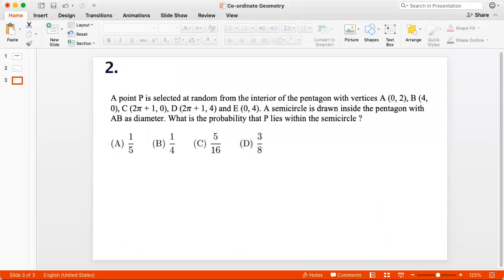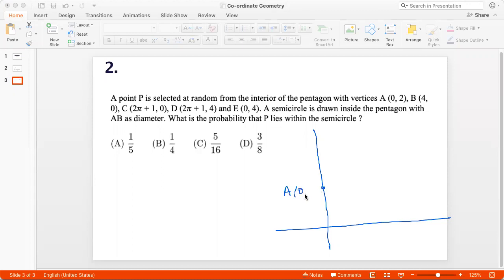Question 2. A point P is selected at random from the interior of the pentagon with vertices. So let's draw this pentagon. A is 0, 2. B is 4, 0.